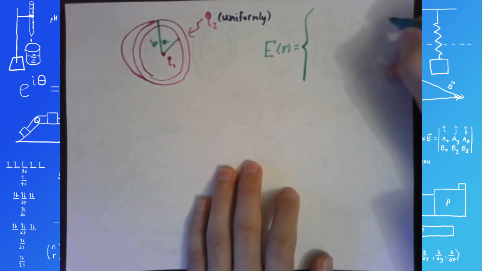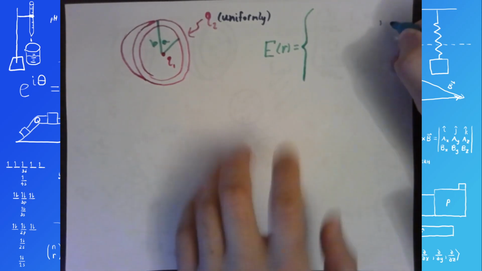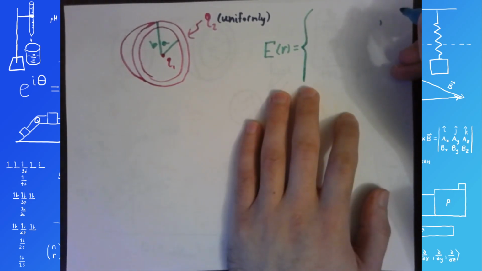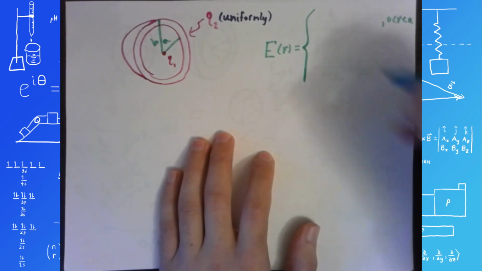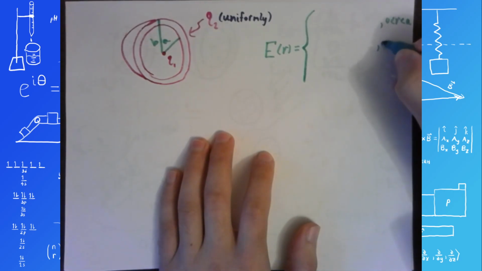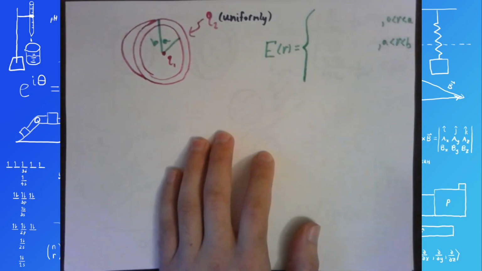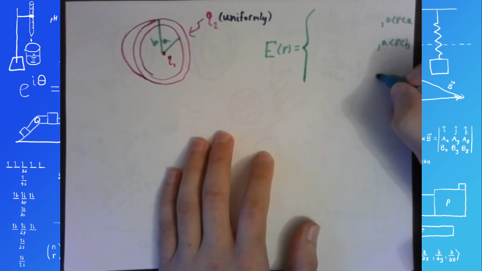Well, we've got from 0 to a, so 0 less than r less than a. We've got between a and b, so a less than r less than b, and we have everything outside of b.